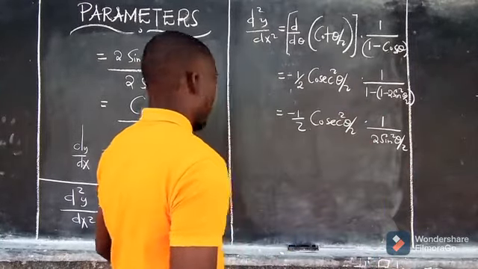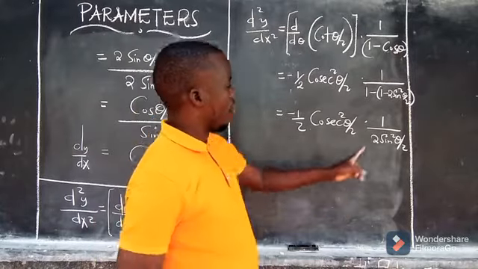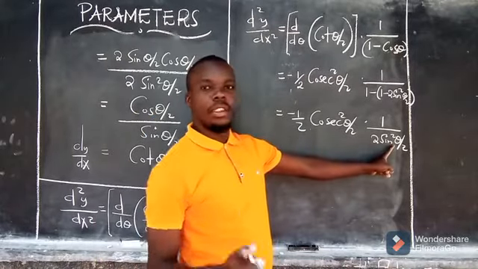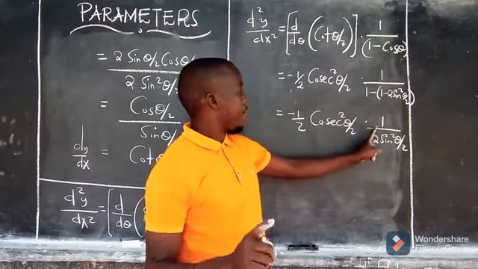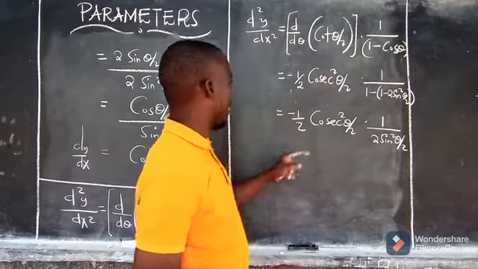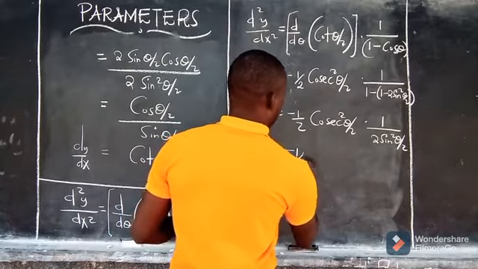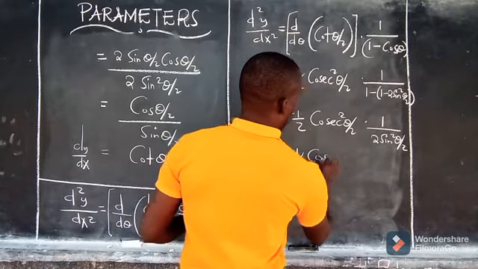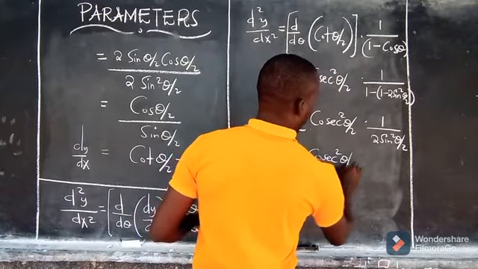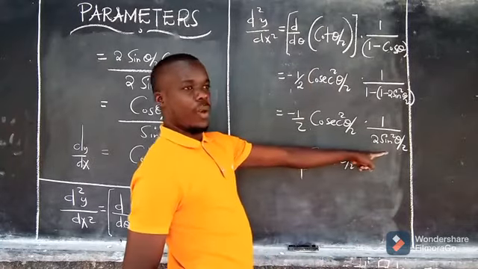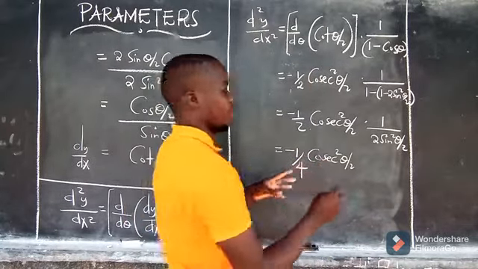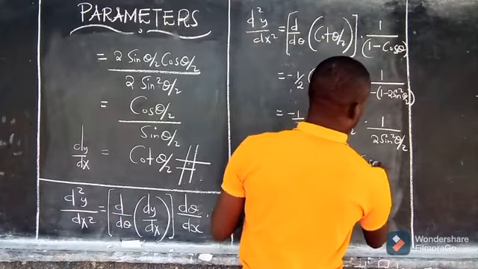Then from that level, we can easily see that 1 over sine squared is the same as cosec squared. There is a half here which can multiply by negative a half, so that we have negative a quarter. Now we have cosec squared theta out of 2. Then 1 over sine squared theta out of 2 becomes cosec squared theta out of 2 also.